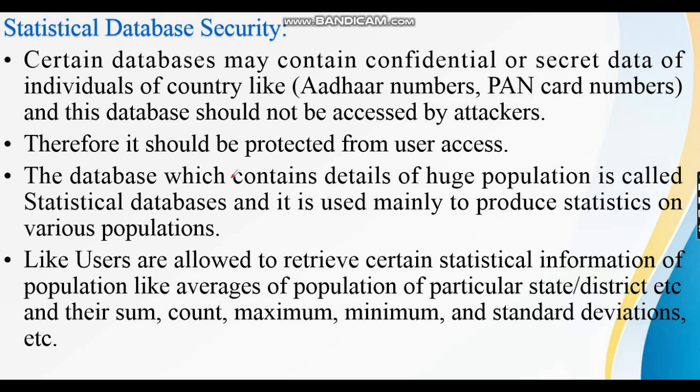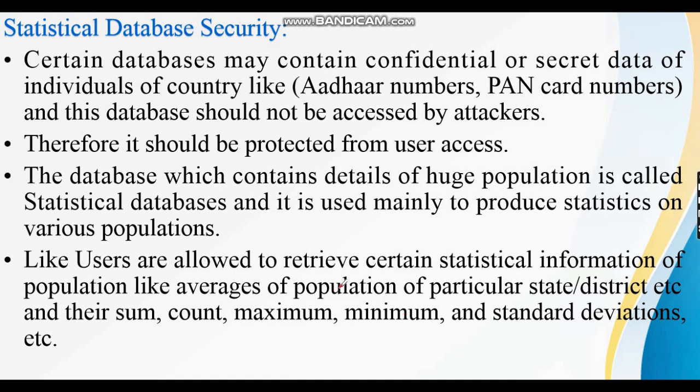The database which contains details of a huge population is called a statistical database, and it is used mainly to produce statistics on various populations. Users are allowed to retrieve certain statistical information of a population, like averages of the population of a particular state or district and so on, and their sum, count, maximum, minimum and standard deviations, etc. Okay?